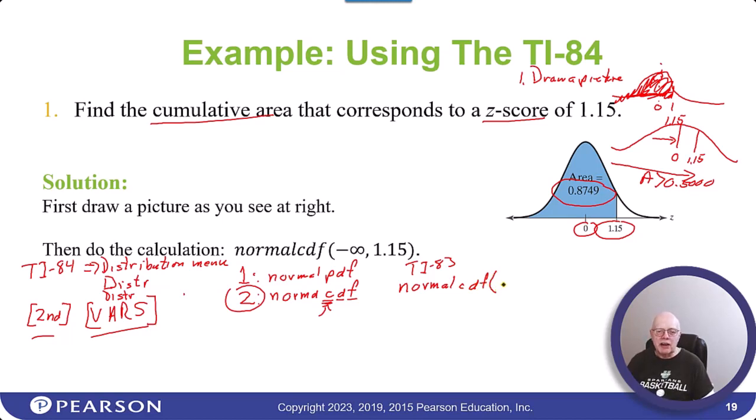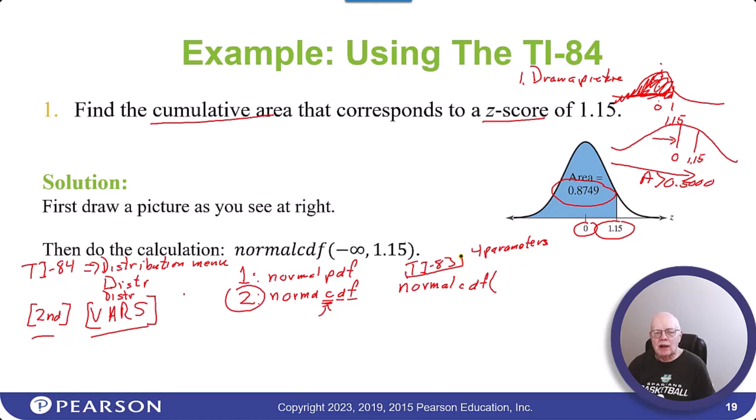Now if you have the TI-84, follow along because you actually get a menu, so it's easier for you. Now, with the TI-83, you're going to have 4 parameters. That means 4 numbers or options that you need to put in.